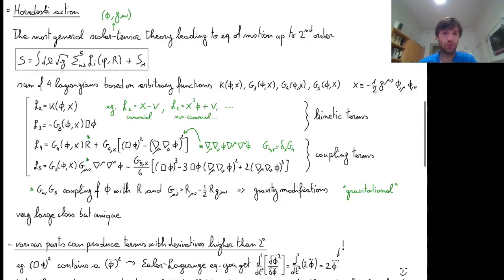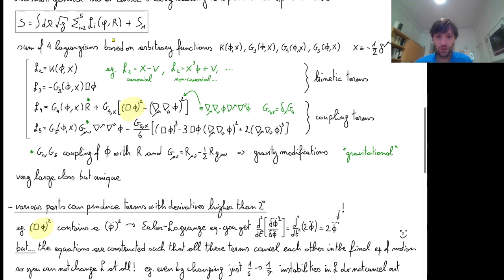Now that I've shown you this Lagrangian, you should complain because I told you that this should give you equations of motion that are of second order, but you may notice that it contains terms such as this one, for example. You see that this box operator contains double derivatives of phi, the double derivative with respect to time of phi.